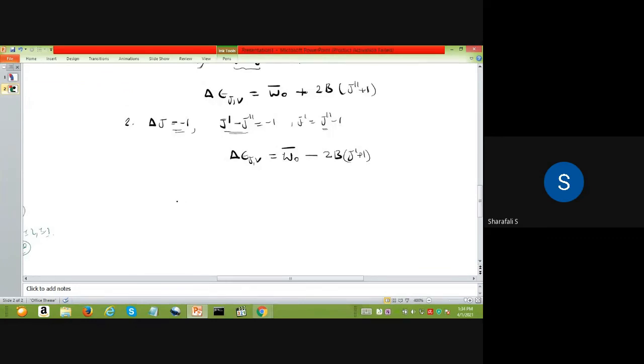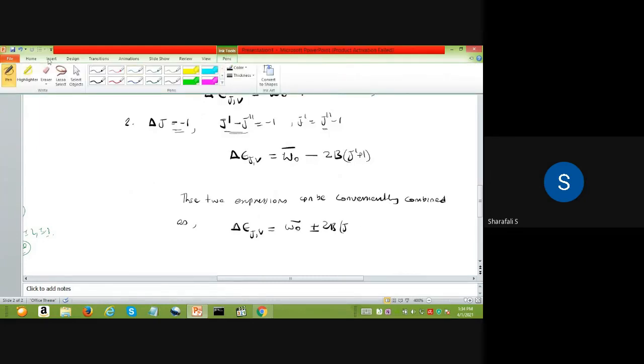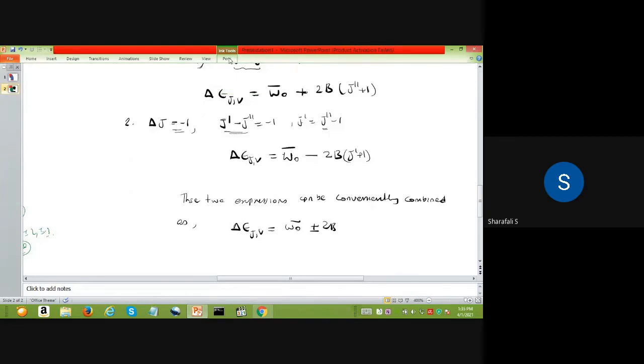So if you are taking it in general, these two expressions can be conveniently combined as delta epsilon j comma b, which will be equal to omega 0 bar plus or minus 2b times, j prime we cannot write, so we can write it as 2b times some other value which is equal to m.